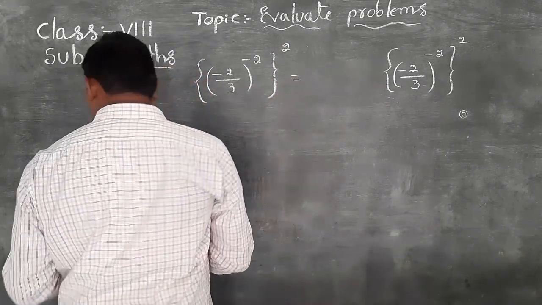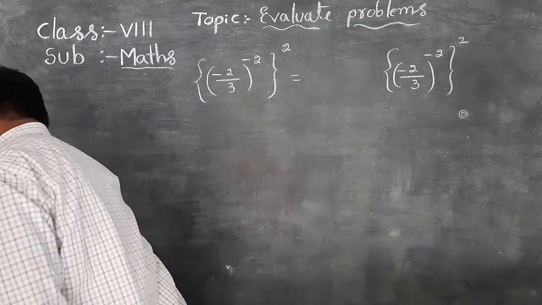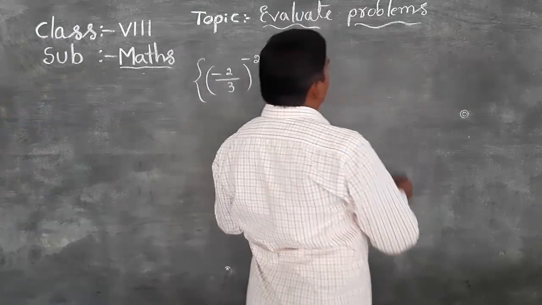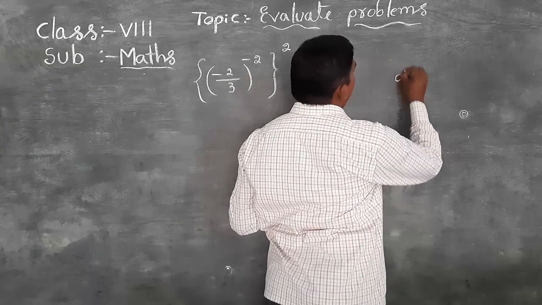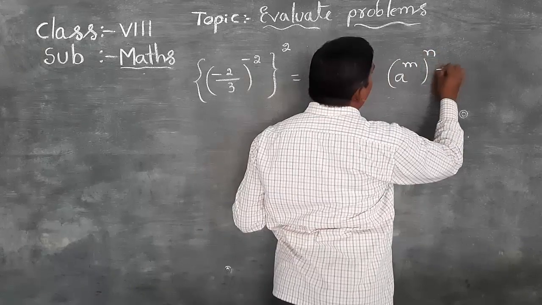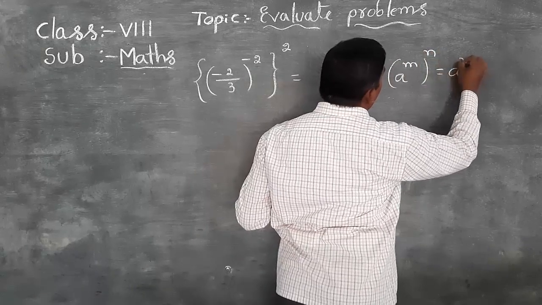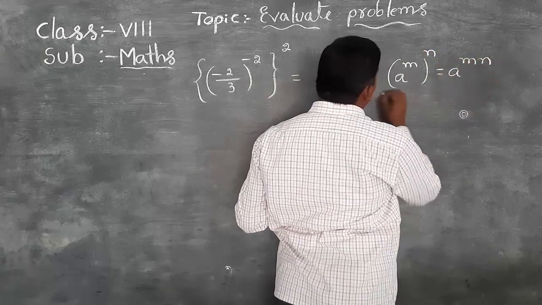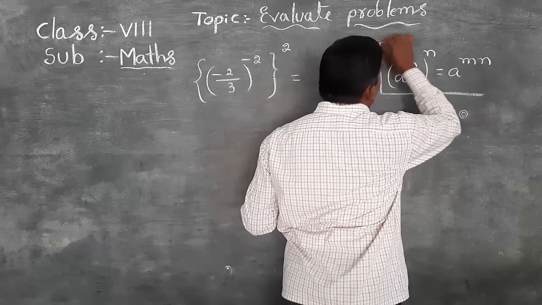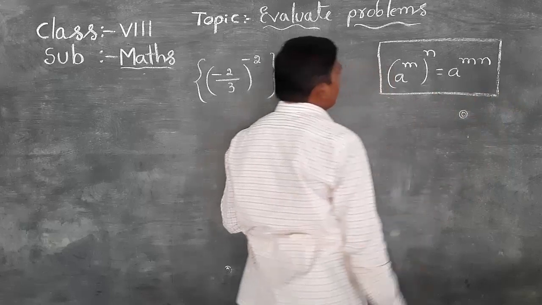We know this formula. See, (a power m) whole power n is equal to a power m into n. Using this formula we will do.